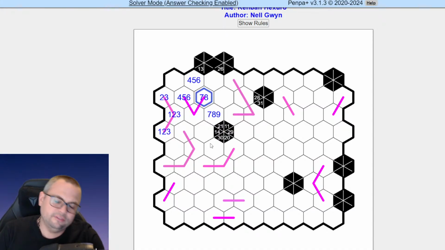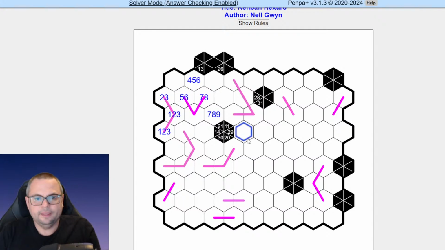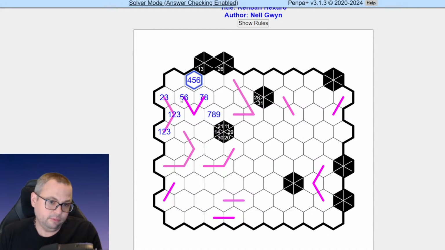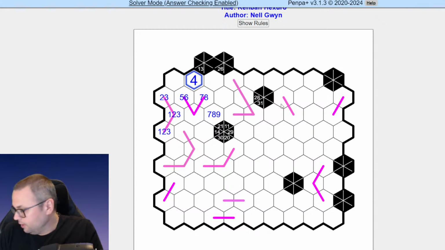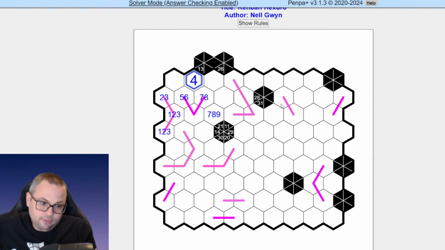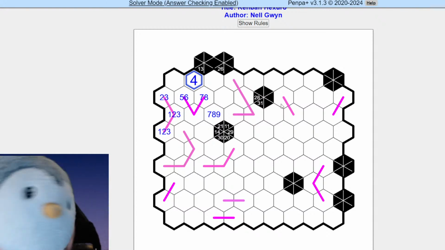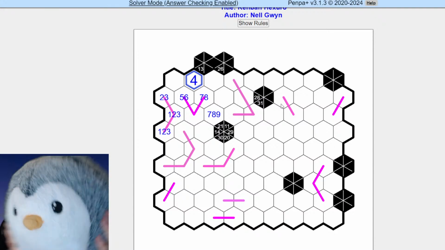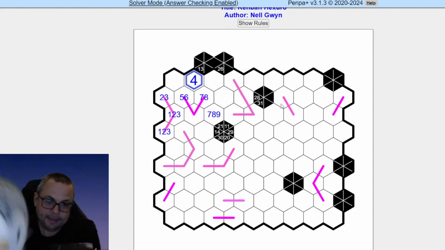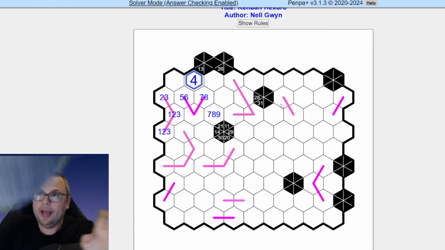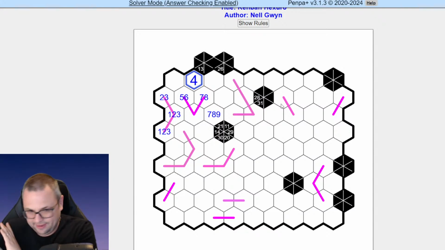So this is just never a 6. And so once that's never a 6, this can't be a 4. Okay, there we go. And now this does have to be a 4 because we said one of these two is a 4 before. So now we get to enter a 4, and we get to bring out Zach for the 4 dance. Thank you, Zach. Thank you.